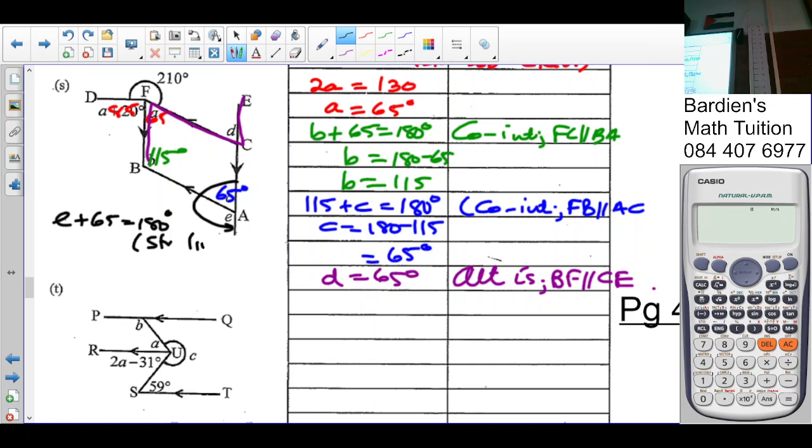That's going to give you E is equal to 180 minus 65. Oh, I could have used alternate angles. Not so? You also get 115. Okay?